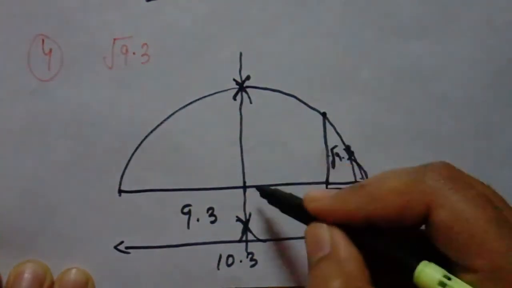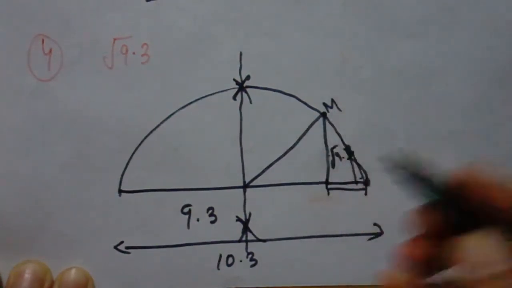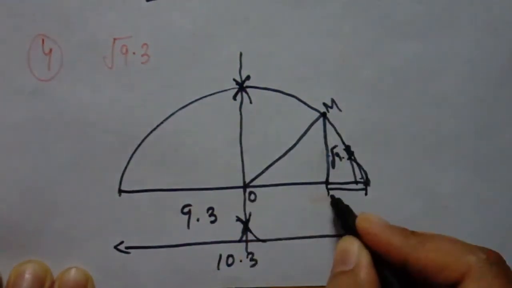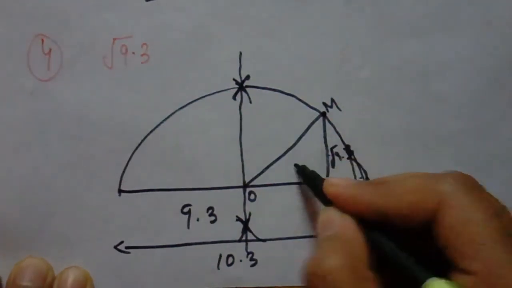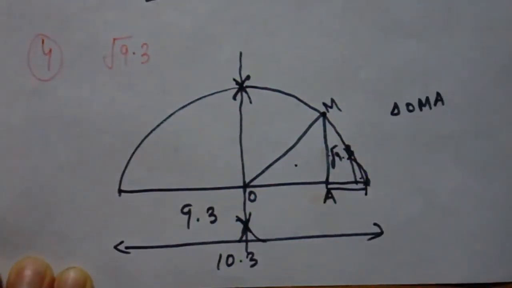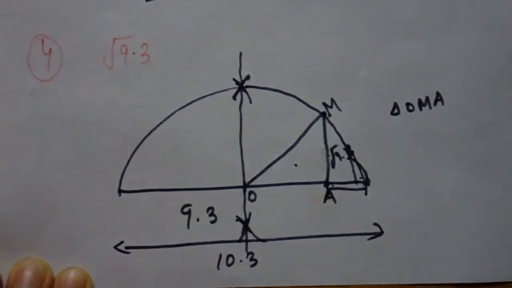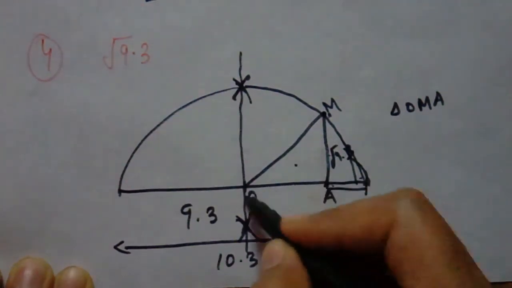For proving this, we will join this point M with the center O. This is A. In triangle OMA, we will apply the Pythagoras theorem and prove MA is equal to root 9.3. I already taught this process in your lecture part.